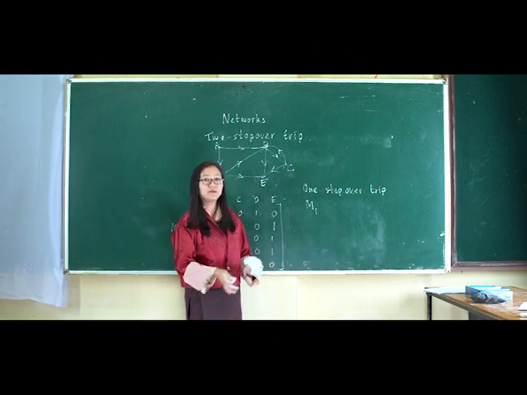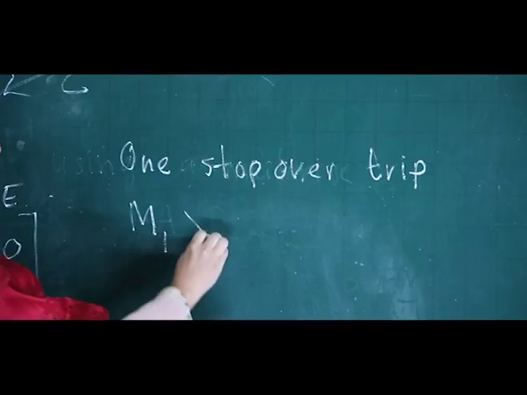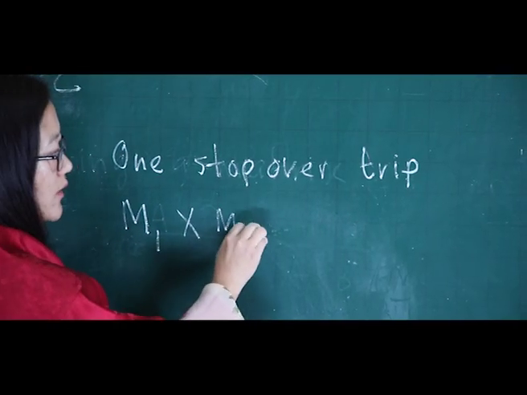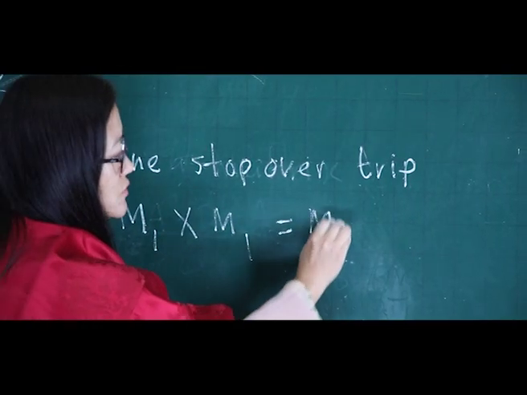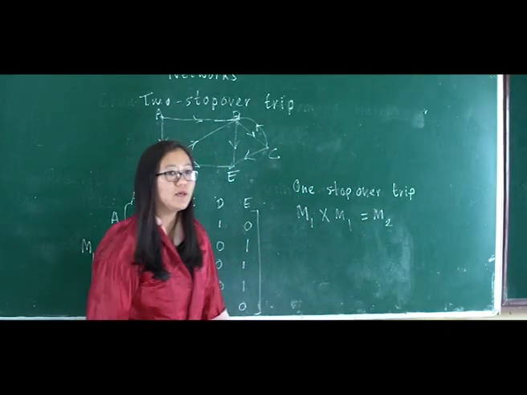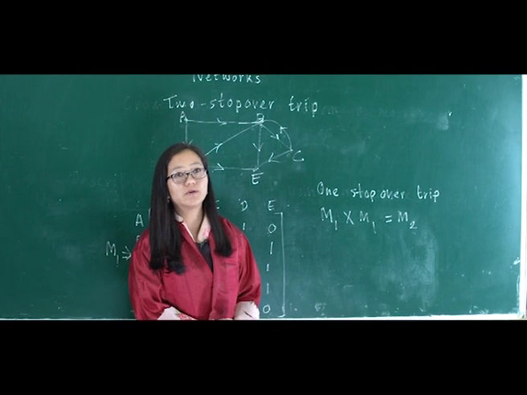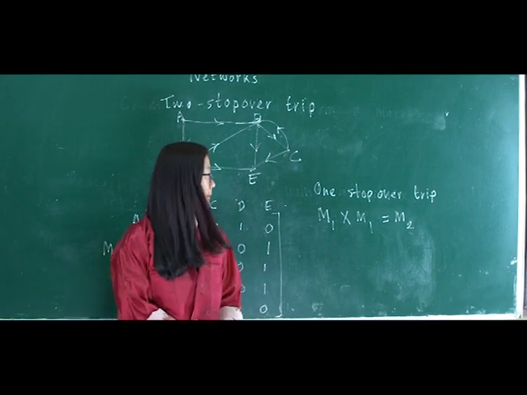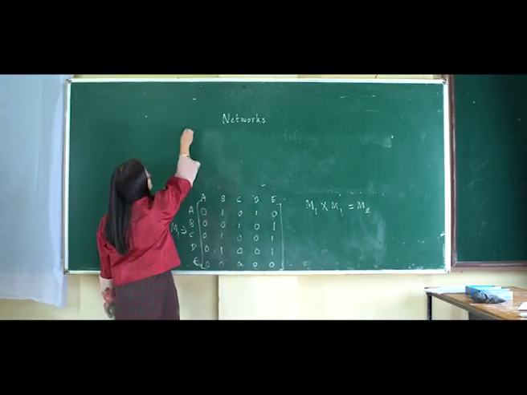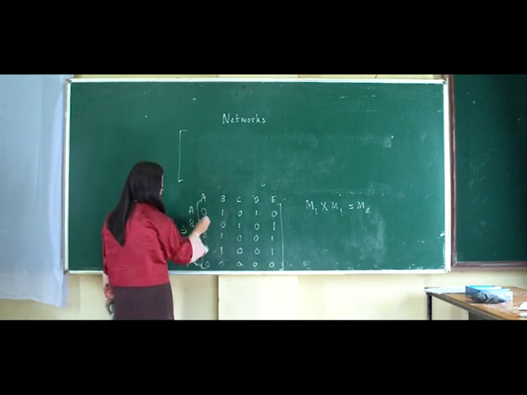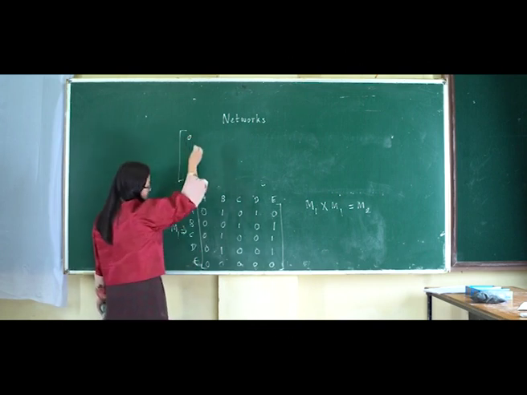So when I say it has to be squared, I'm multiplying M1 with M1 to get M2. And what does this M2 mean? M2 will give us the matrix which will give us one stopover trip. We need to multiply 0.